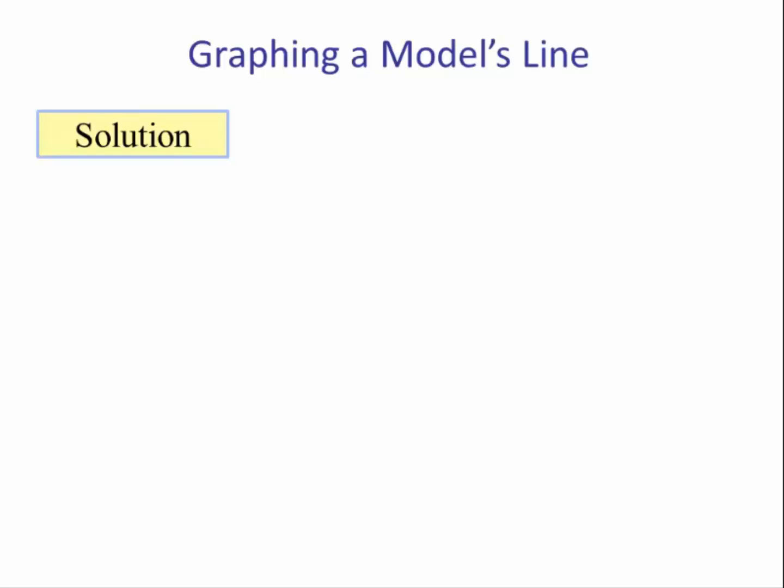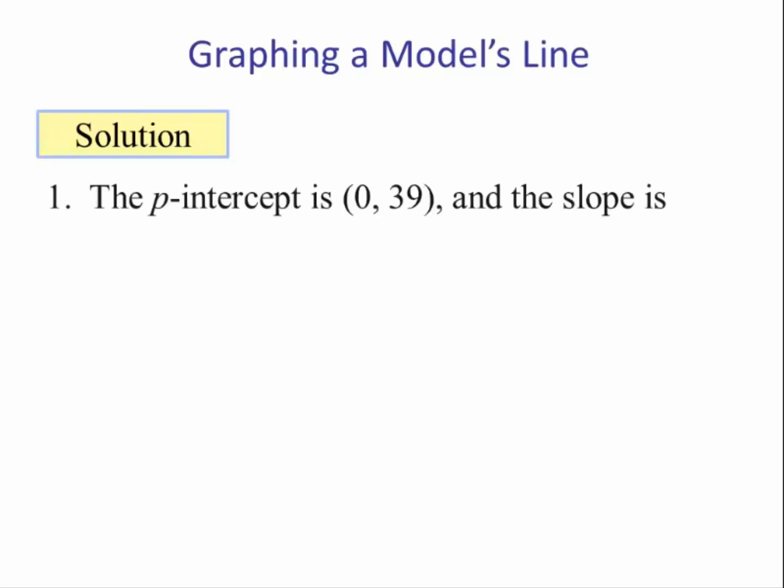Solution. So the y-intercept from the given equation is 39, and the slope is 0.9. Now we know slope is a ratio, so we can write 0.9 over 1. This is our rise, this is our run.